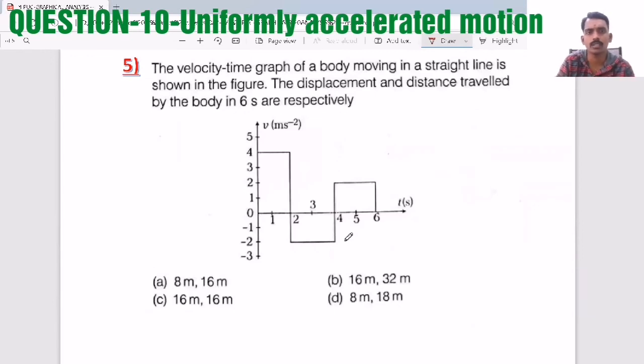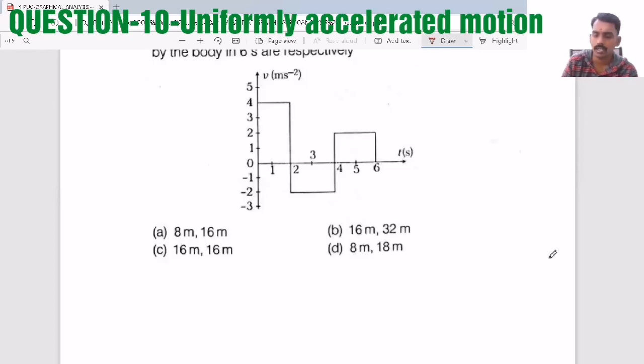Now here is one more such question. The velocity-time graph of a body moving in a straight line is shown in the figure. Find the displacement and distance traveled by the body in 6 seconds. Now they are asking both distance and displacement in 6 seconds. First you have to find each area. This is area A1, this is area A2, and this is area A3.